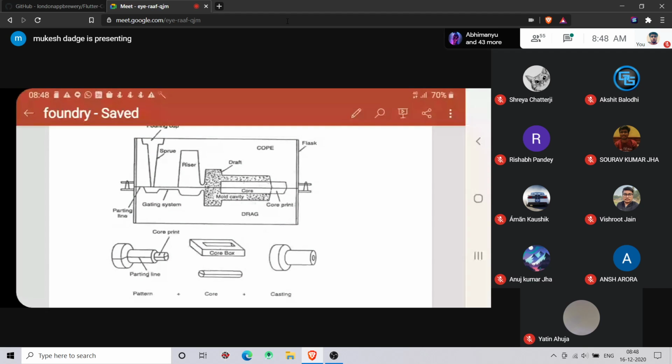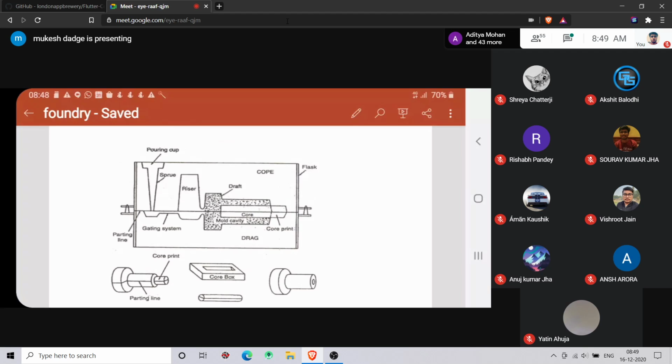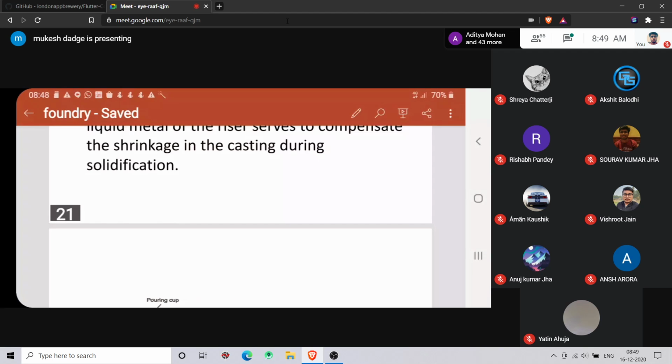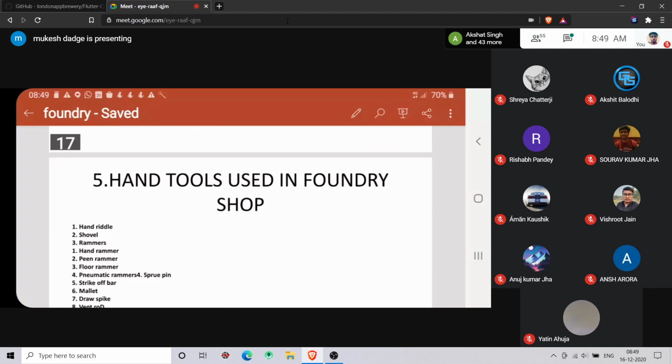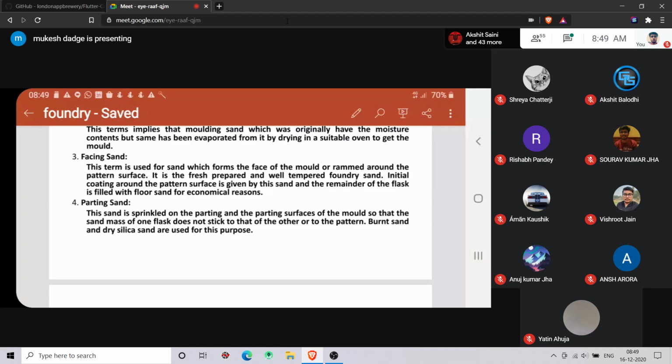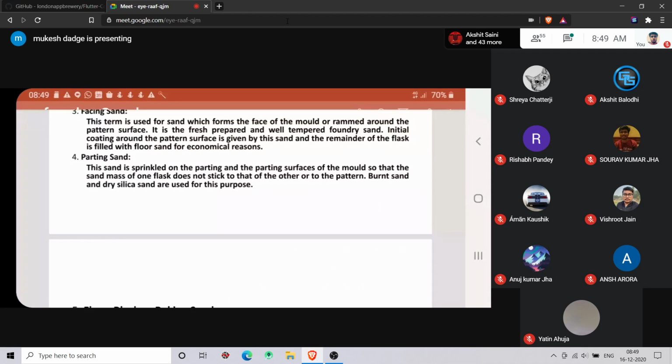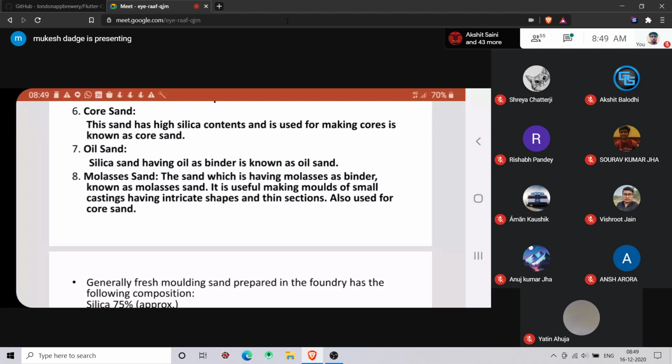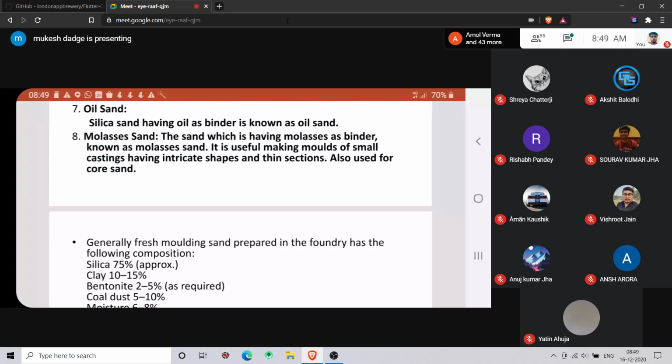So this is the core, and that core sand is different from your mold sand. Oil sand: silica sand having oil as binder is known as oil sand. Molasses sand: molasses is added in the sand as a binder.